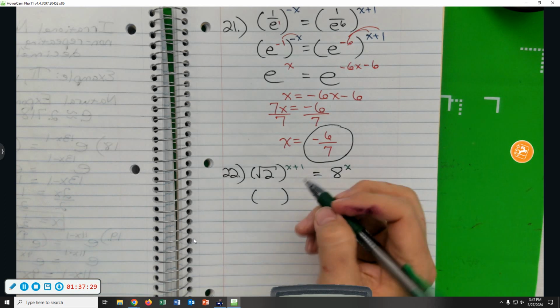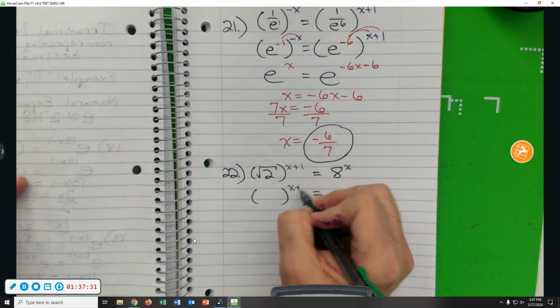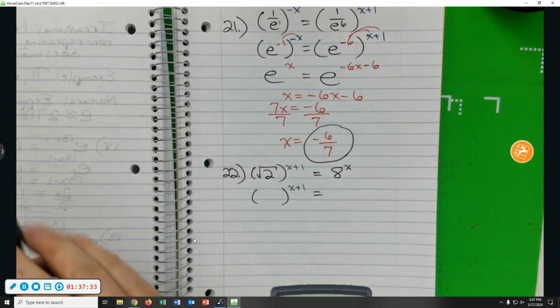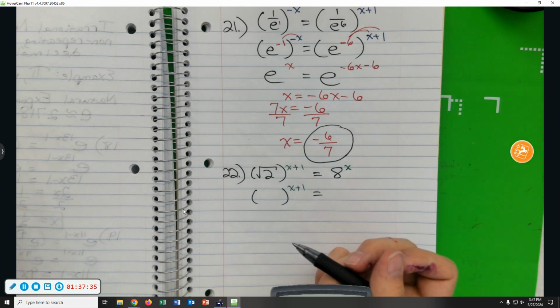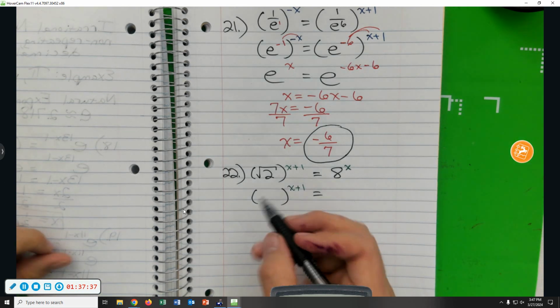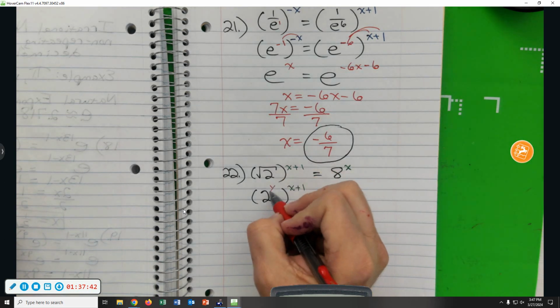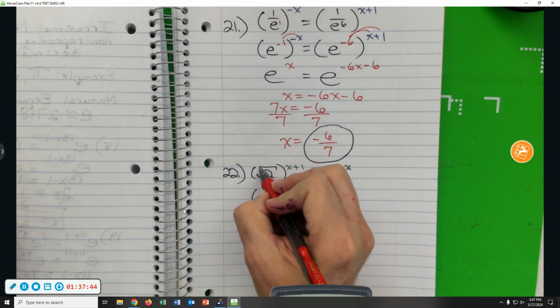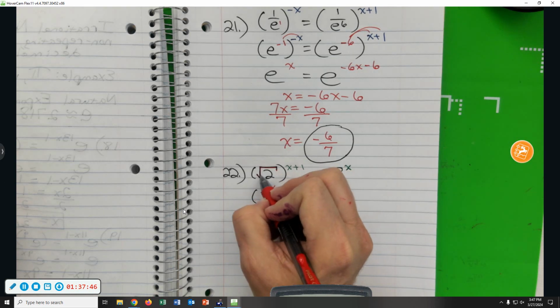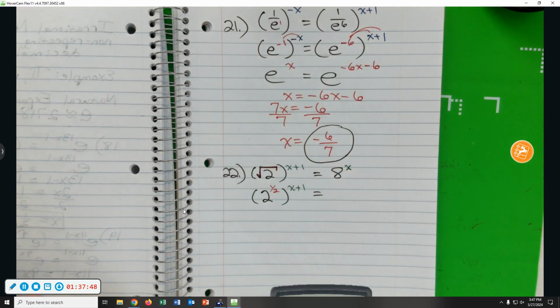What exponent is the same as a square root? A 1/2. So you have 2 to the 1/2 power. That little square root right there is the same thing as an exponent of 1/2.